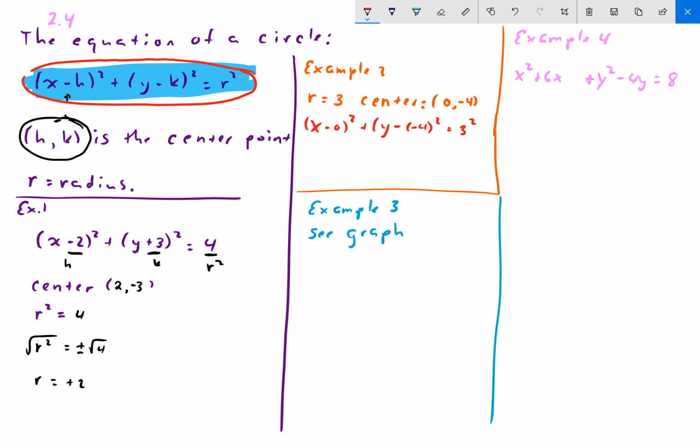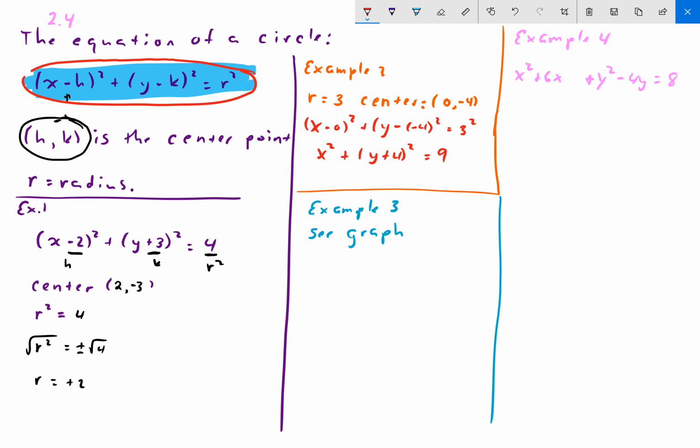Well, x minus 0 is just x squared. Y minus a negative 4 becomes y plus 4. You have to leave that in parentheses. Equals 3 squared, which is 9. And so once again, I have a center point of (0, negative 4), and a radius of 3.